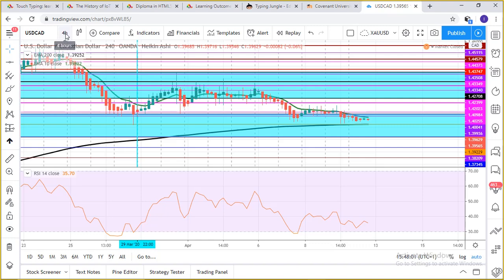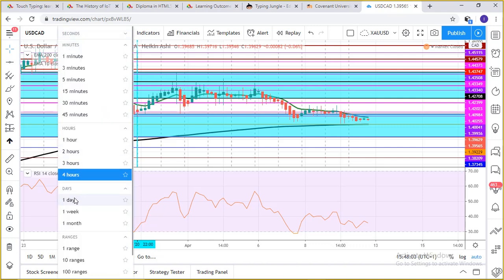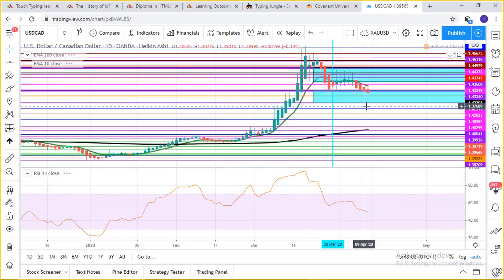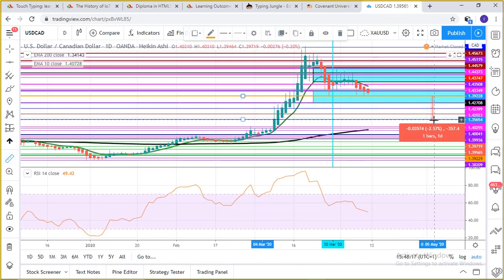Let me go to the daily candle and see where our destination is. Once we enter here, we can still go as far as down to this level. This will be a key level, at least about 600 pips. We still have about 600 pips, if not more, that we are looking at. So I expect price to enter this zone. Of course, it's going to break through this zone and enter this level, perhaps.